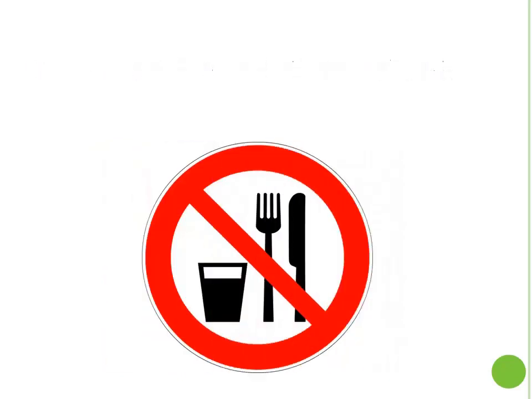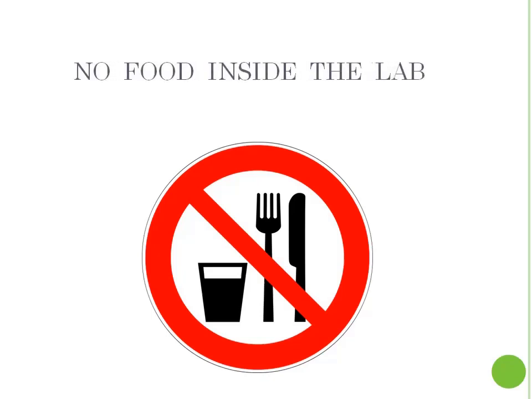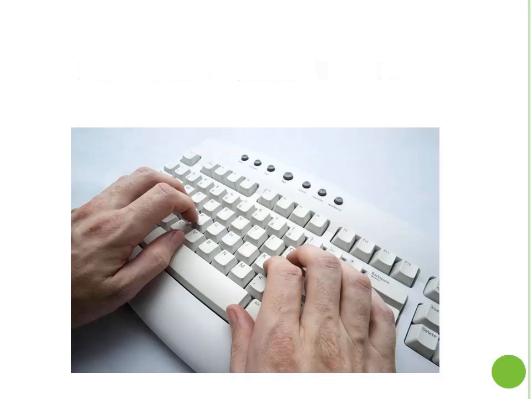This picture is quite self-explanatory. You can see there are food items and there's a big red cross over it. That means food items should not be taken inside the lab. In this picture, you can see there are hands typing on the keyboard.